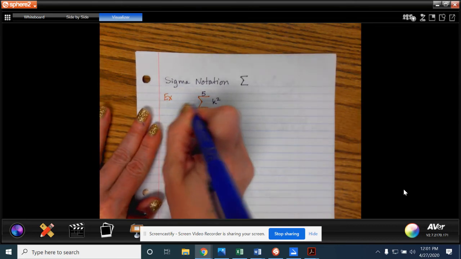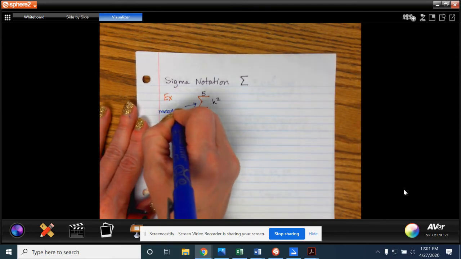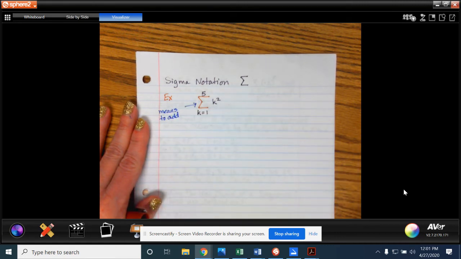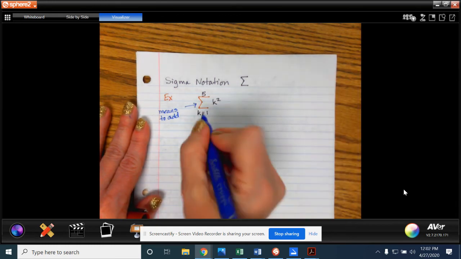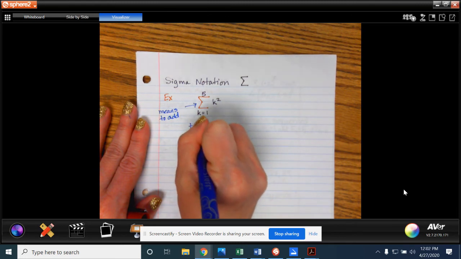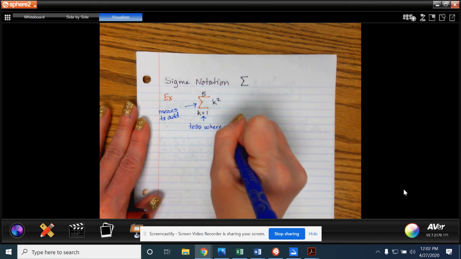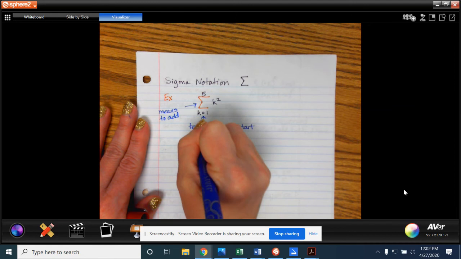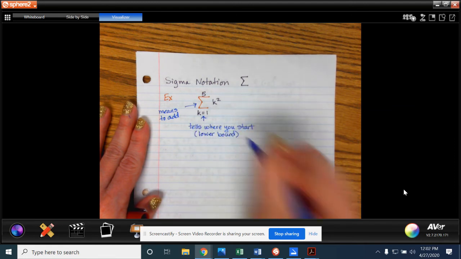Well, this sigma item means to just add. It's a sum. You're just going to add them up. And this item here tells where you start. That's also known as a lower bound. You might hear that terminology in another spot.